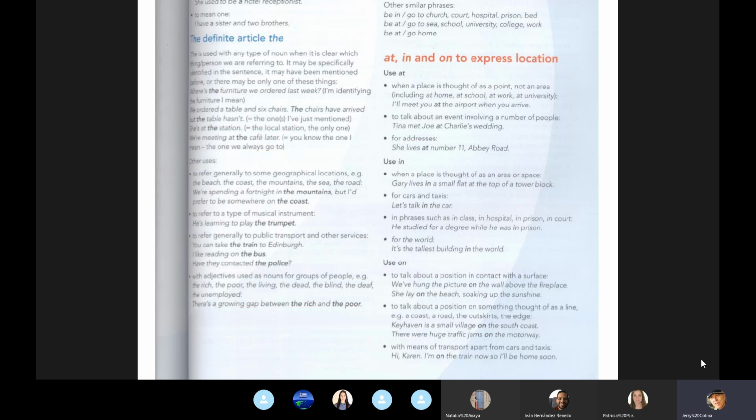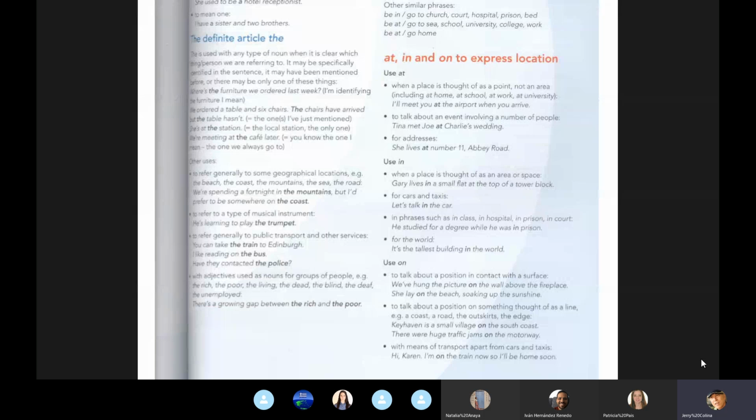I work in the airport. And where are you now? I am at the airport. In the first example, I'm telling you the place where I work, the area where I work. And in the second, I am at the airport. I'm thinking about the airport as a point where you can find me if you want to see me. So I work in the airport, and now I am at the airport.